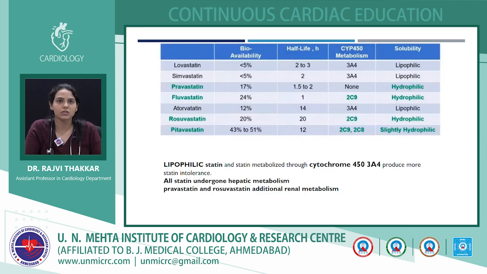There are various statins, including lovastatin, simvastatin, pravastatin, fluvastatin, atorvastatin, rosuvastatin and pitavastatin. Pravastatin, fluvastatin, rosuvastatin and pitavastatin are hydrophilic drugs, so there is less chance of myopathy with these. Lipophilic statins, and statins metabolized through cytochrome P450, produce more statin intolerance.